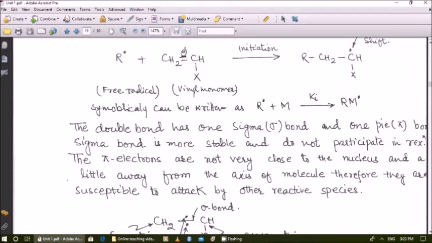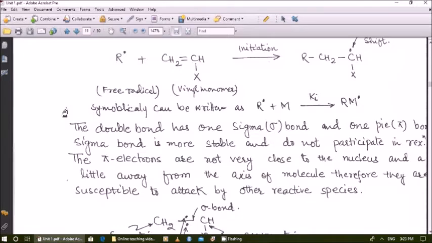It can be any monomer. It can be vinyl alcohol, styrene, propylene, whatever. So R is going to react with the M monomer, and the rate constant is Ki, the initiation rate constant, and R will make a bond with the M, and the free radical site will shift to the first monomer.